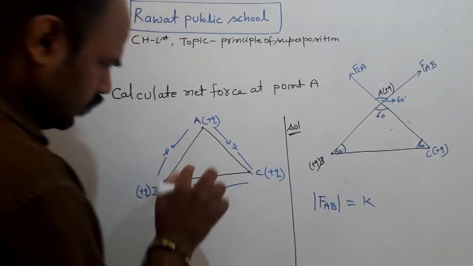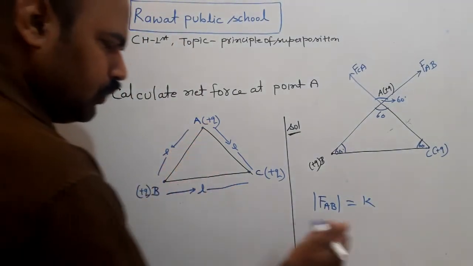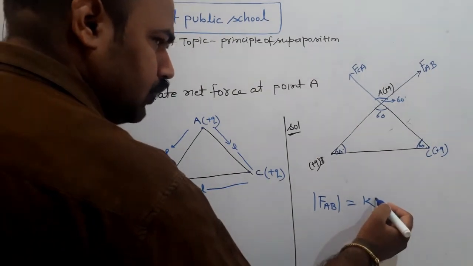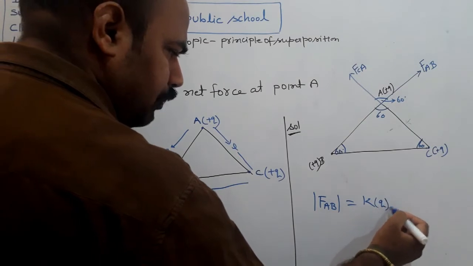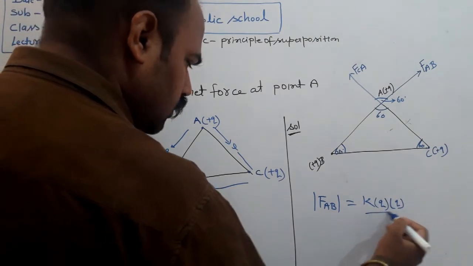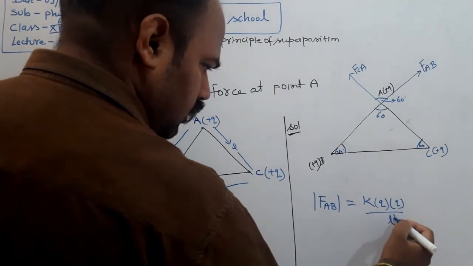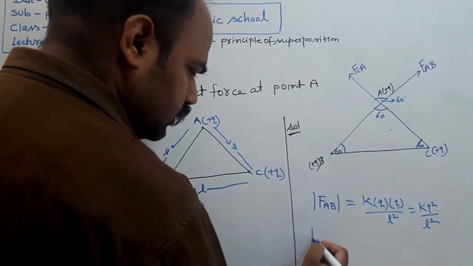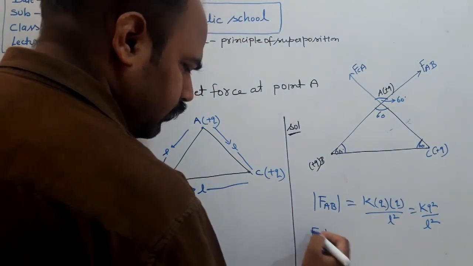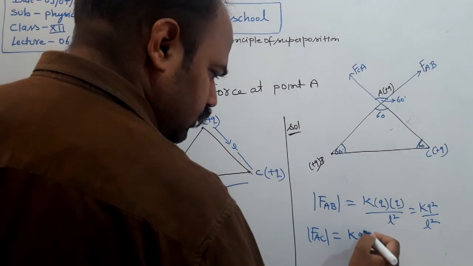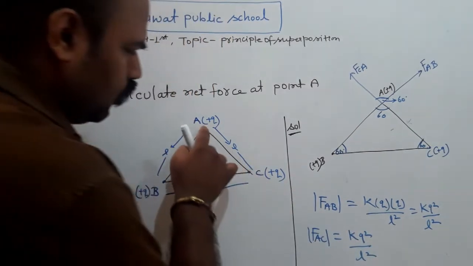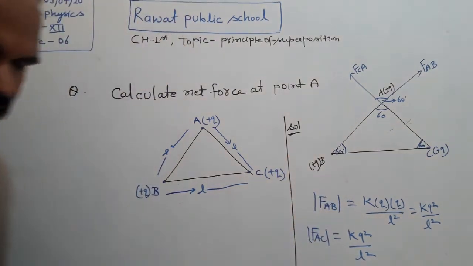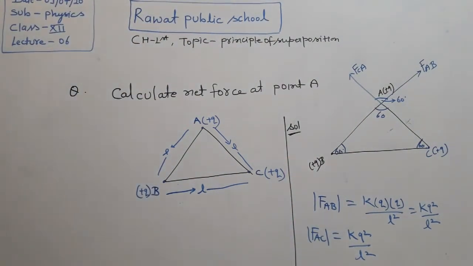Formula K. A has charge plus Q, B has charge plus Q. So it is KQ square by L square. Similarly, the force at A due to C is KQ square by L square. Both A and C have charge Q and the separation is L.